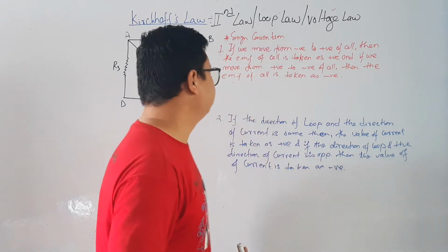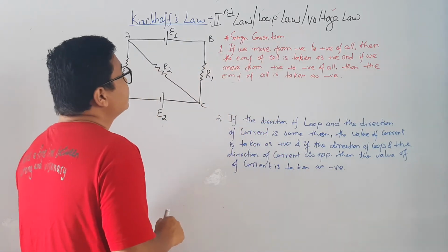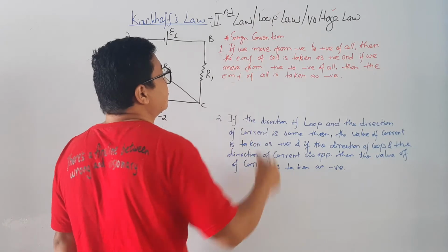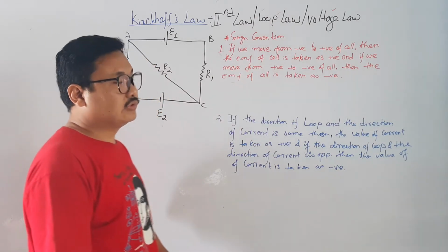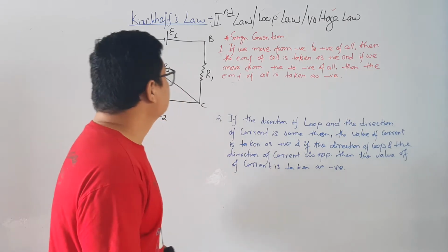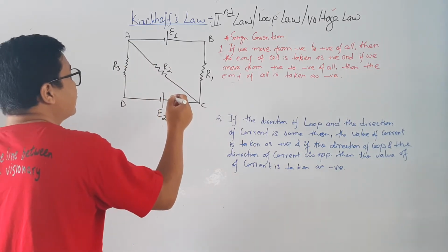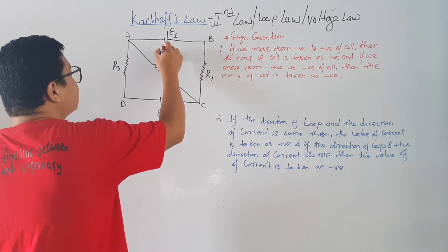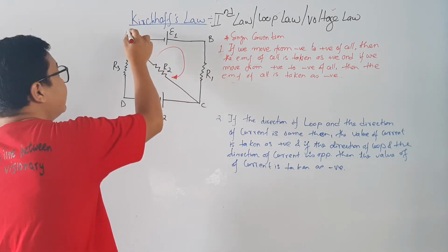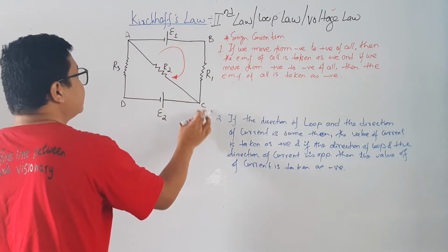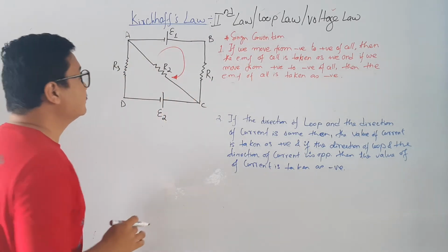First of all, it is saying loop, so let us make a loop. What is a loop? We know everything about the loop. Let us consider one loop like this. A, B, C, A is one loop.